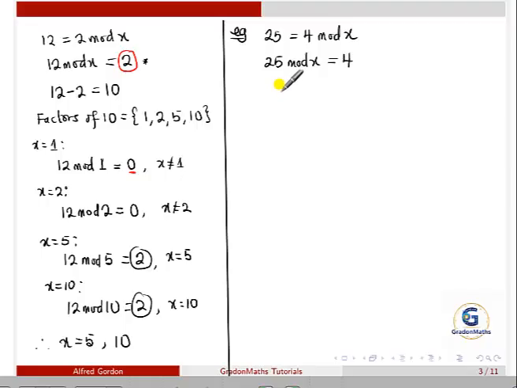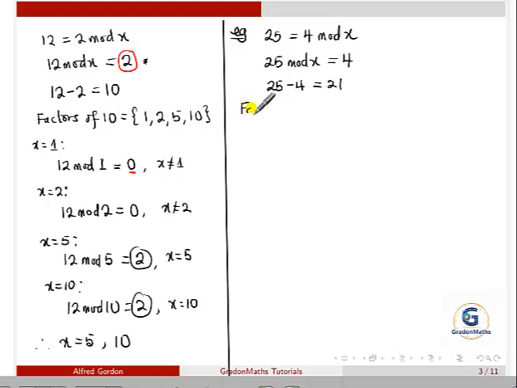Then we will find the difference between the numbers. The difference here, 25 minus 4, gives us 21. Are you okay? Good.